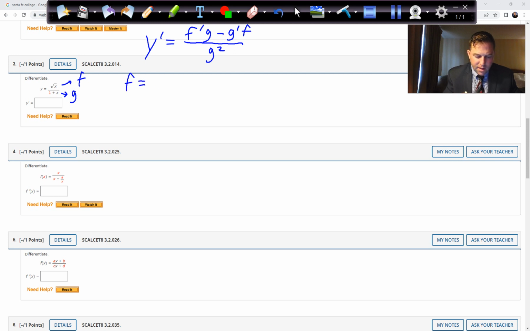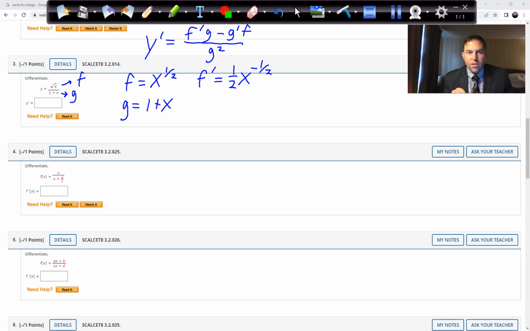So f is x to the 1/2 power, g is 1 plus x. Therefore f prime is 1/2 x to the minus 1/2. See video on 3.1 to see how I got that quickly. g prime is literally just 1. So if there's a 1 in front of this x, the 1 here goes to 0, and the 1x becomes 1.